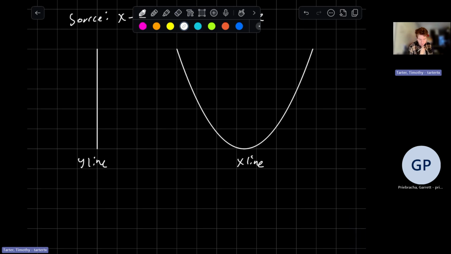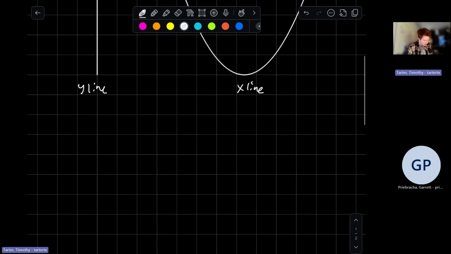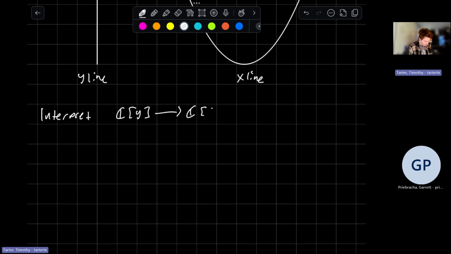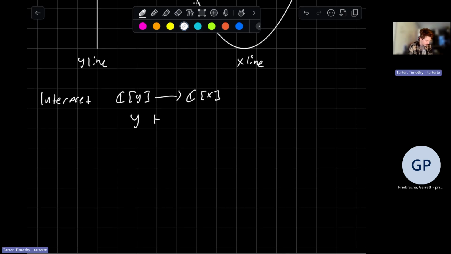So interpret the corresponding map of rings from C over y to C over x, which sends y to x squared.